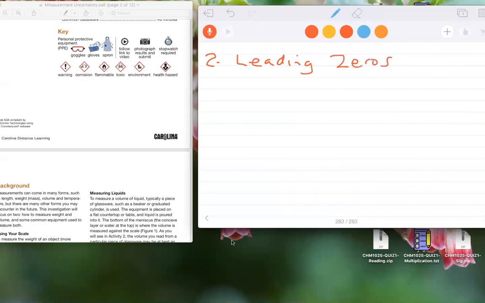Leading zeros do not count as significant figures. How do I know these are leading zeros?